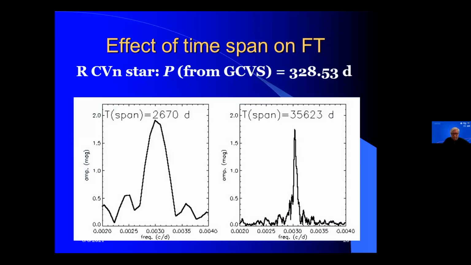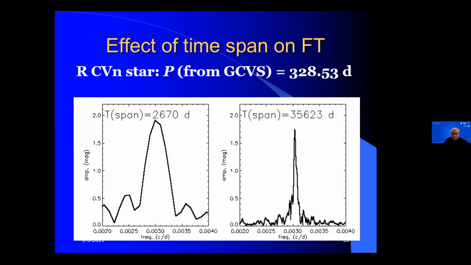So if you have the time span of 2,670 days, then you have what's called a low resolution power spectrum. It's quite well, as you may see here, it's not as detailed as this one.